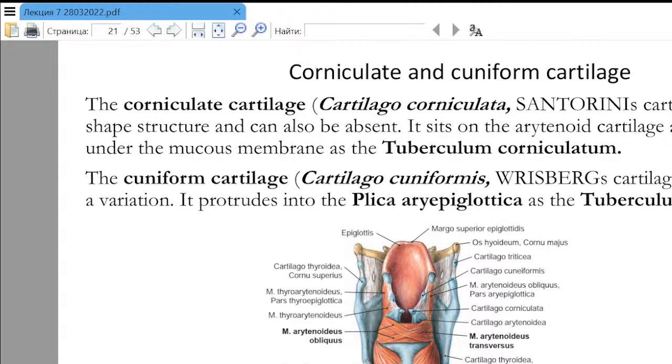It protrudes into the plica aryepiglottica as the tuberculum cuneiforme. Tuberculum corniculatum can also be absent. These are two cartilages.